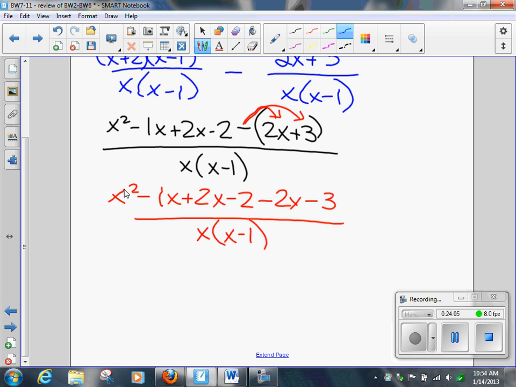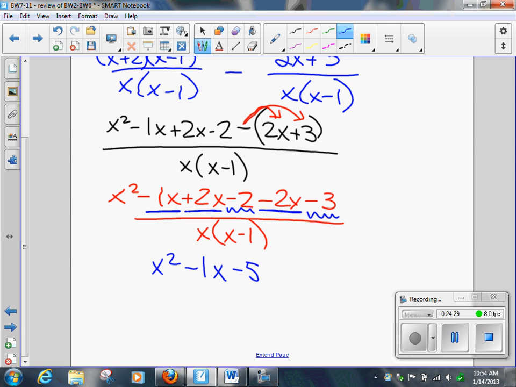Now look at it. All that junk in that numerator, combine like terms. I've got an x here, got an x here, got an x here. Plain old number, plain old number. Okay? Bring down x squared. Negative 1 plus 2. That's going to be negative 1x.